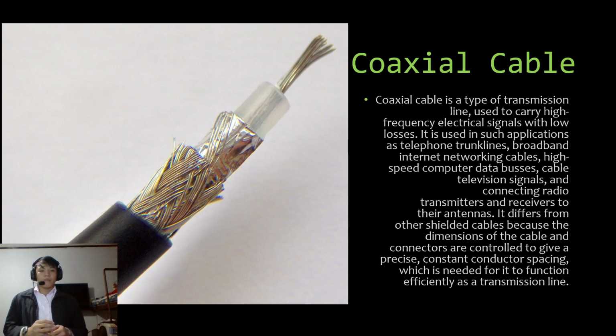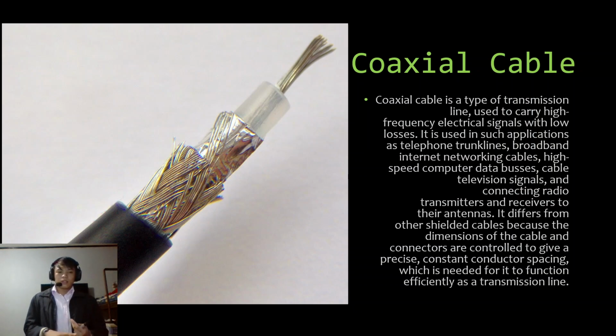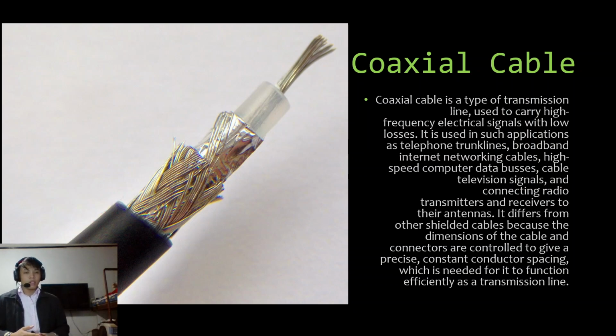It is also a type of transmission line used to carry high frequency electrical signals with low losses. It is also used in such applications as telephone trunk lines, broadband internet networking cables, high-speed computer data buses, cable television signals, and connecting radio transmitters and receivers to their antennas.